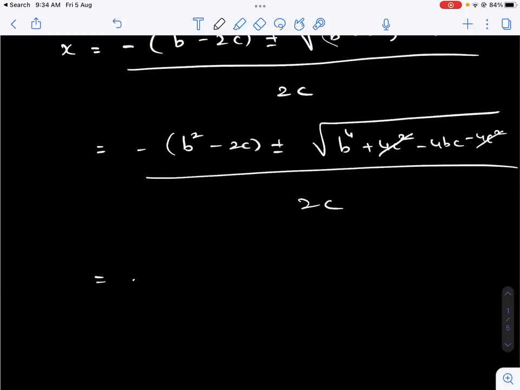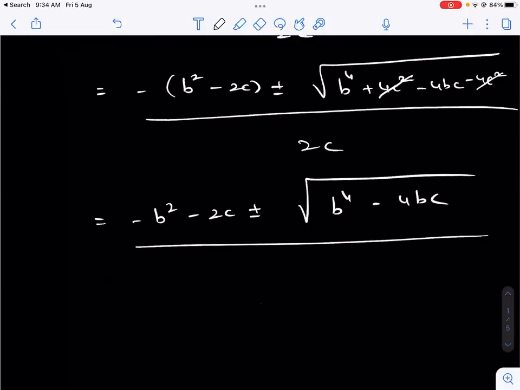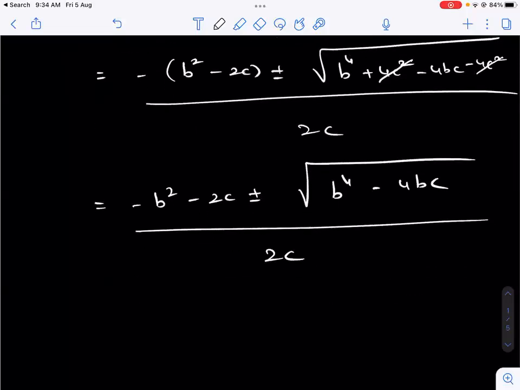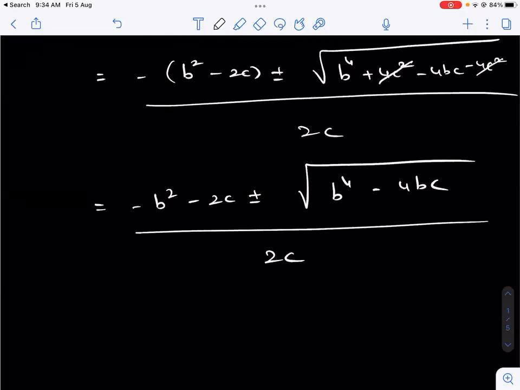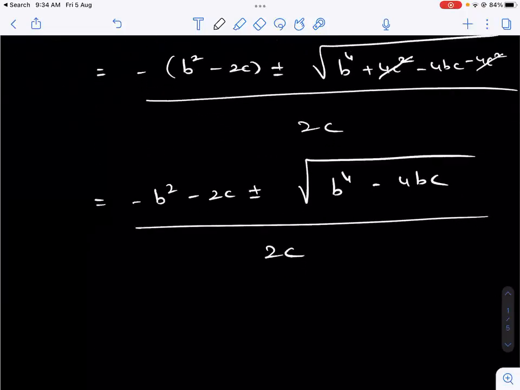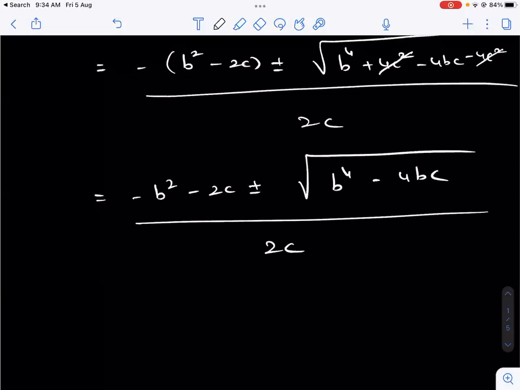So this will be minus (b square minus 2c) plus or minus root of b power 4 minus 4b square c, divided by 2c. When you split the denominator to each term, then it will get cancelled.